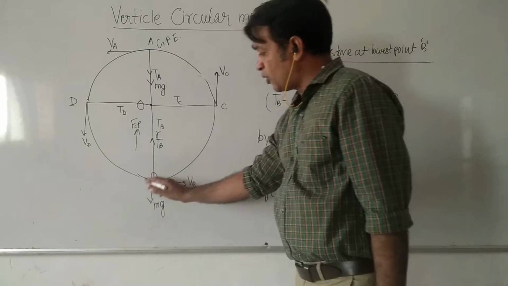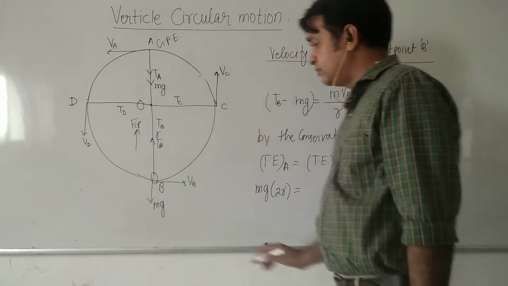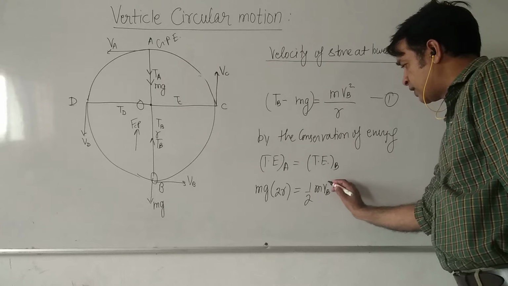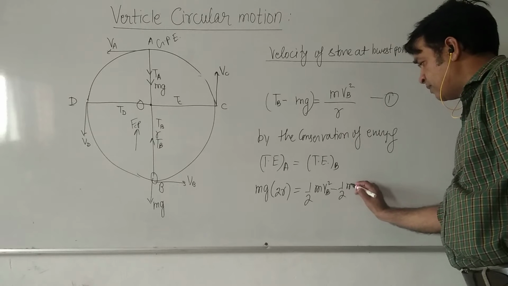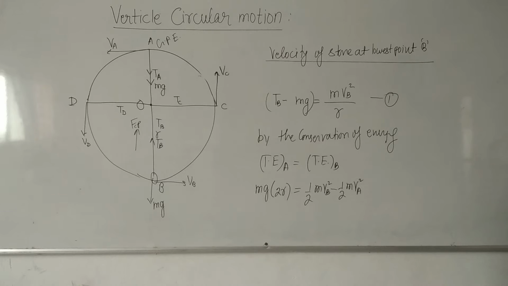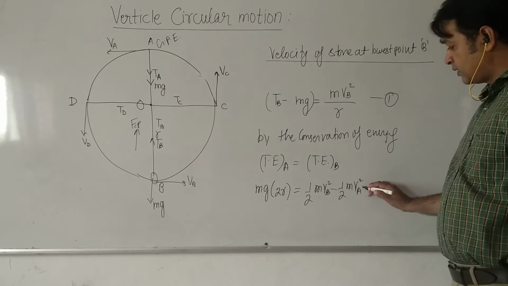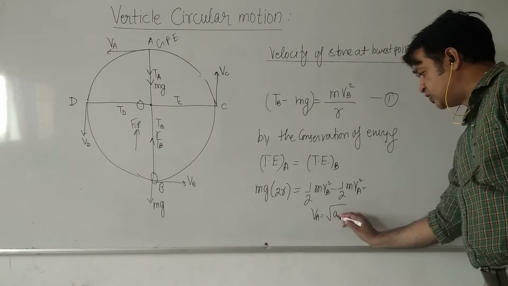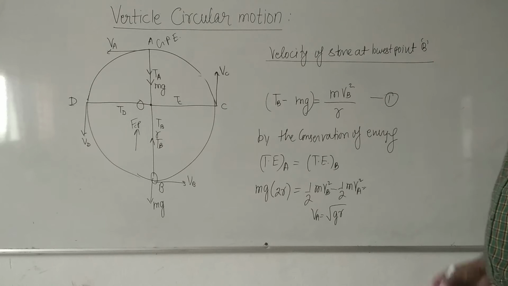The kinetic energy at this point is maximum, so half m Vb square minus half m Va square. By putting the value of Va, Va equals root gr. Note down.